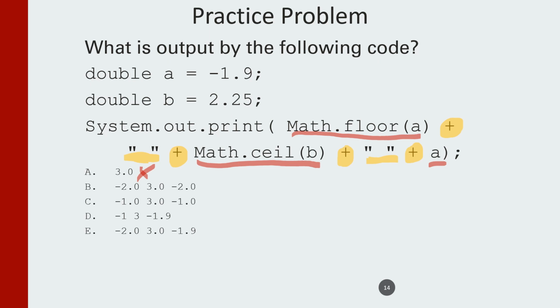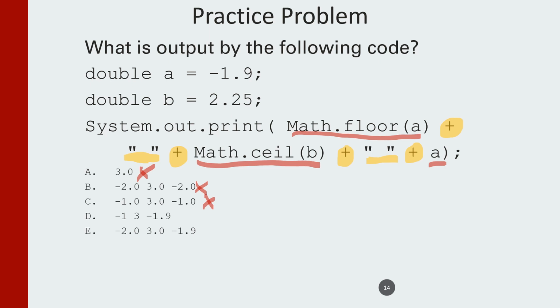So that is negative 1.9. If I look at my answers, I want to ensure that the last number printed out to the console is negative 1.9. So B is gone because the last number is negative 2.0. C is gone, and it looks like D and E are still good to go.